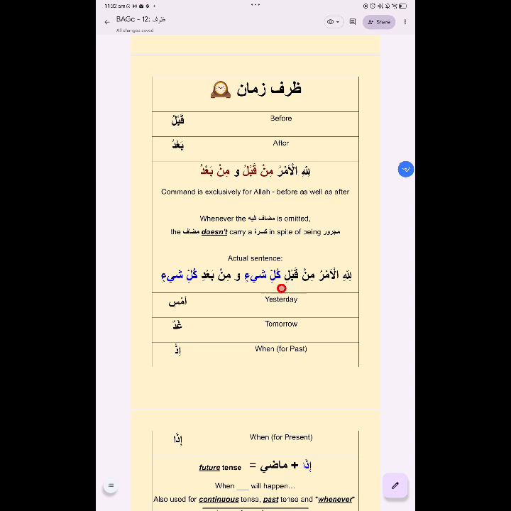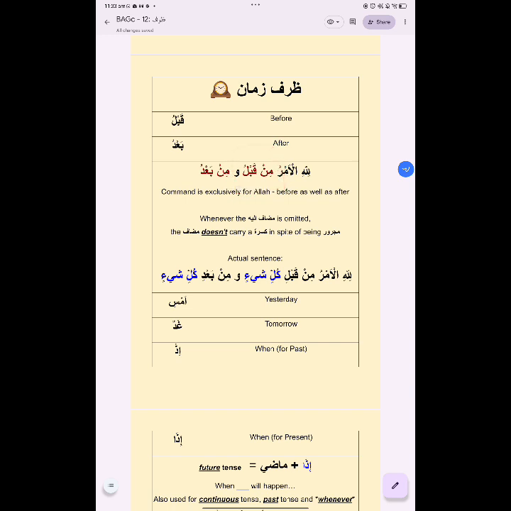Once that happens, the word qabl drops its kasra and gets a dhamma like this. But it is actually still majroor. Just by dropping its kasra and adopting the dhamma, this word qabl does not lose its identity. It is still majroor, it just doesn't carry its kasra. This is the deal with min qablu.